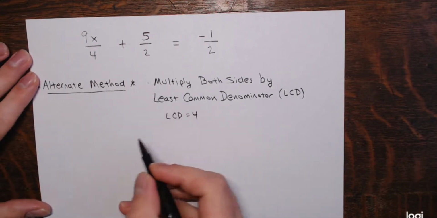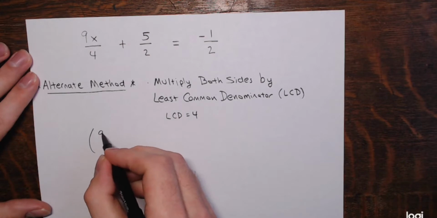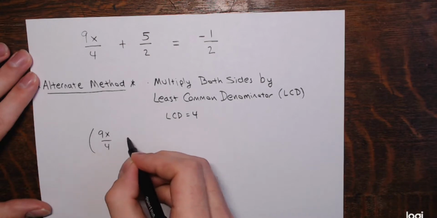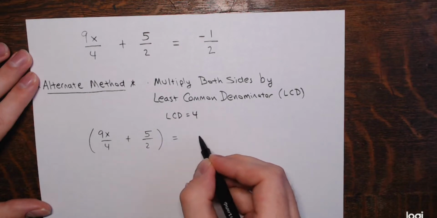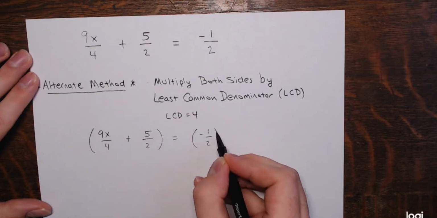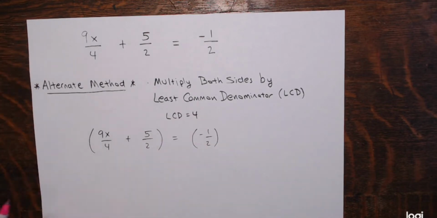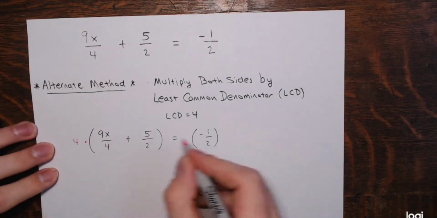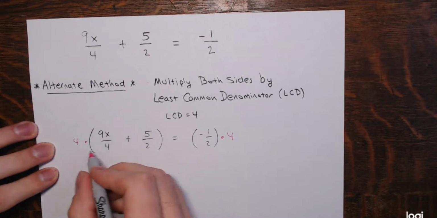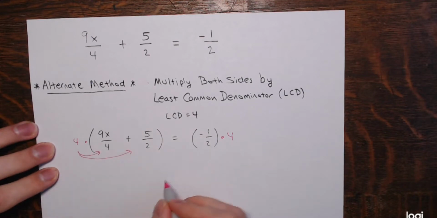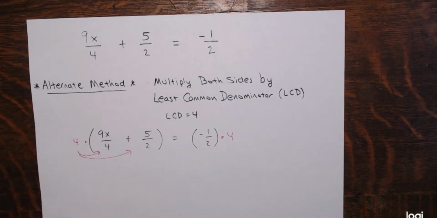So I'm going to take the entire left side, I'm putting it in parentheses. There's the entire left side. The entire right side just has the one fraction, and we're multiplying each term by 4, by the LCD. Now on the left side there are 2 terms, so I have to do it to both. Distribute the 4. The right side there's just the 1 term. Now the whole reason for doing this is so all the denominators go away.